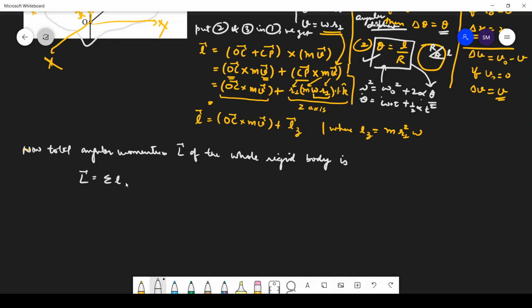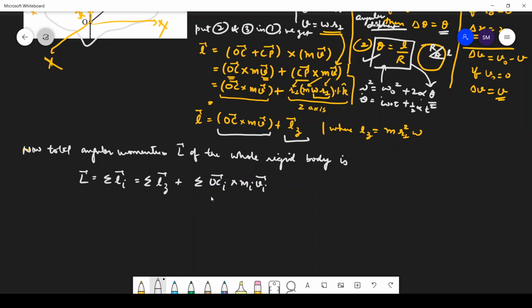Like the summation of Li, taking one typical particle, and that will be equal to this and this. I will take the summation of Lz first, so summation Lz plus summation sigma OCi cross mi vi.